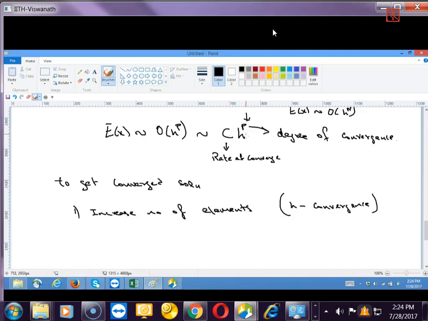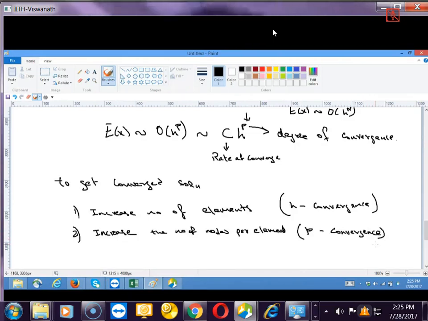That is one thing. The second thing is increase the number of nodes per element. That is nothing but P convergence. In the P convergence, you are keeping H constant.